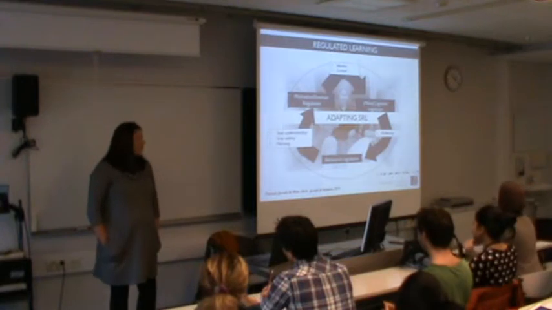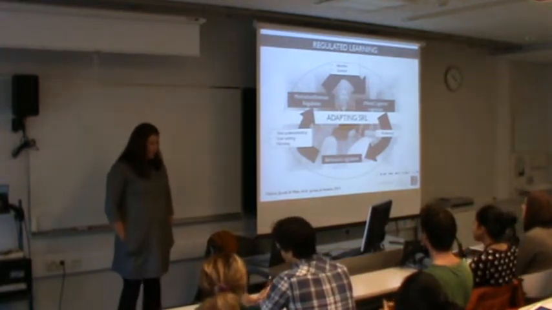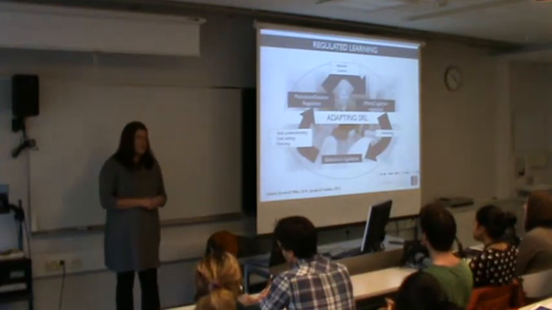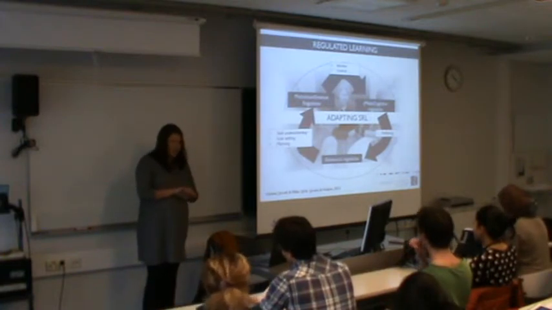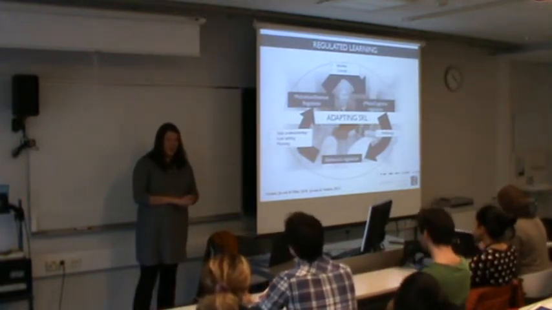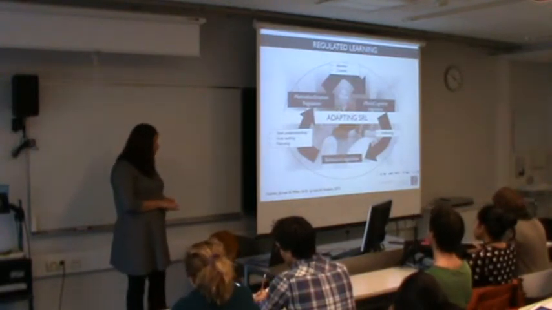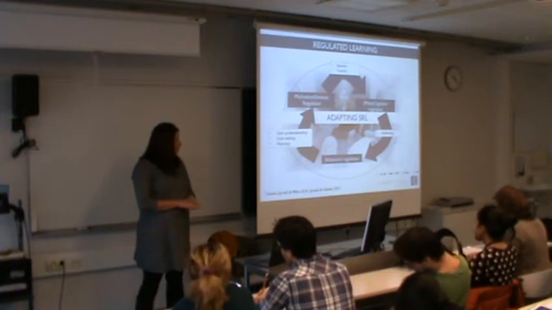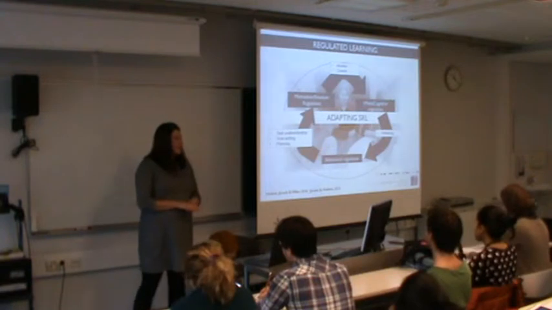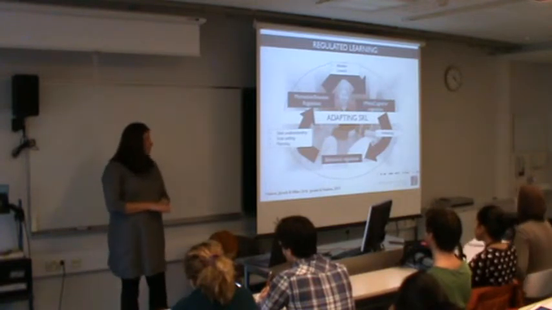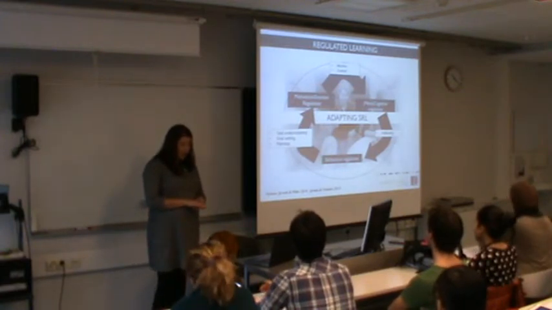Well, this is a basic model of the phases of self-regulated learning. The self-regulated learning process can be divided into 3 to 4 different phases depending on the model. In the first phase, the planning phase, learners activate their current task understanding, set different types of learning goals and plan their learning.